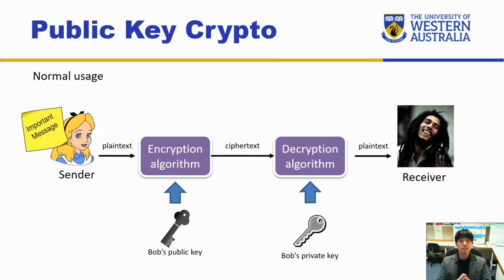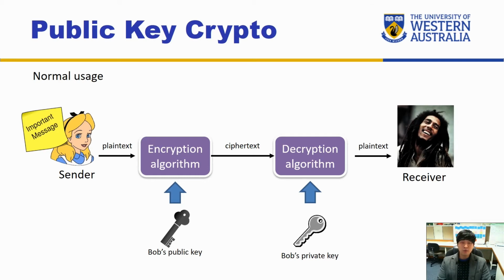So the system looks like this. Alice is trying to send an important message, and Bob's public key is available from the directory. So you can look up what the public key is, and use that to encrypt the data. To decrypt, you have to have a private key, which only Bob holds.